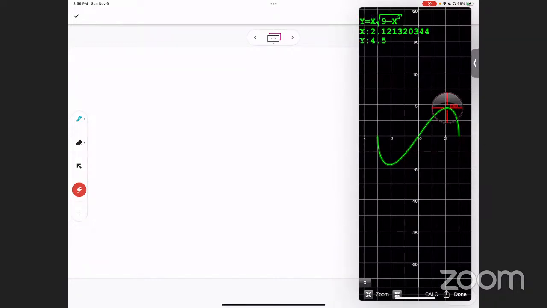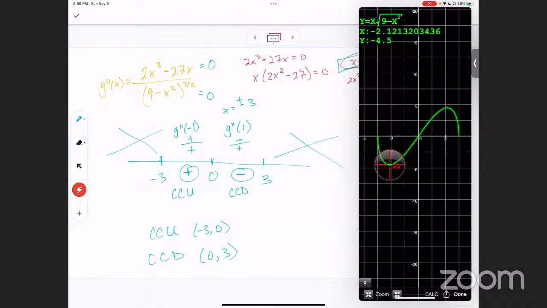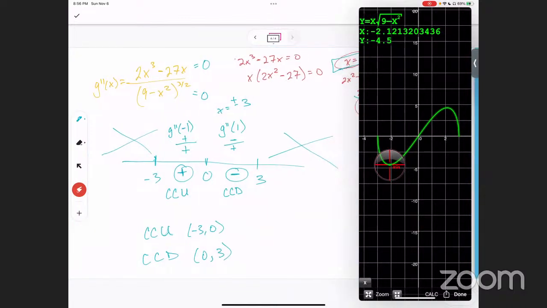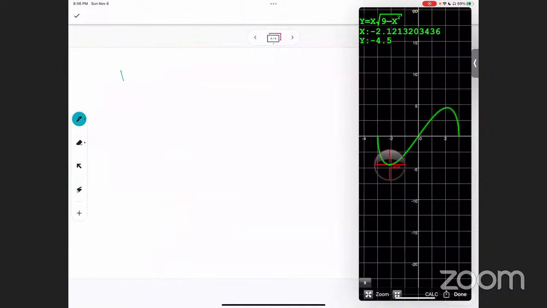Yeah, it's 4.5. So the range of this is, it gets as high as 4.5 and as low as -4.5. So if they were asking you what's the range, I'll do this on the next page. The range would be from -4.5 to +4.5.